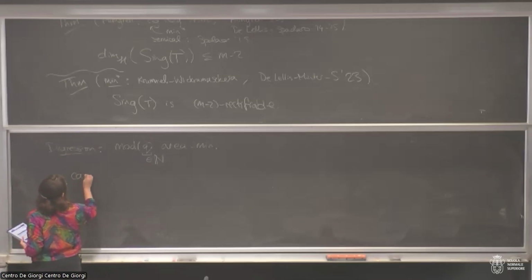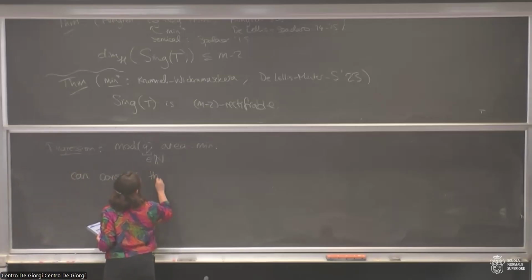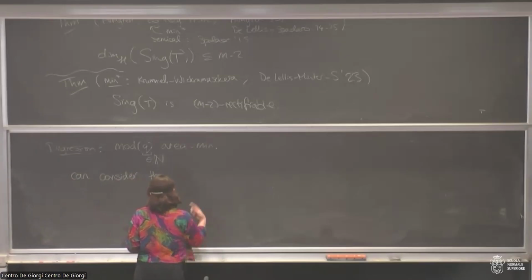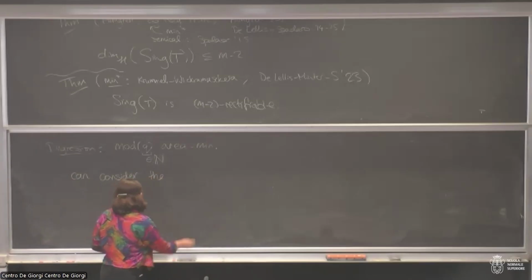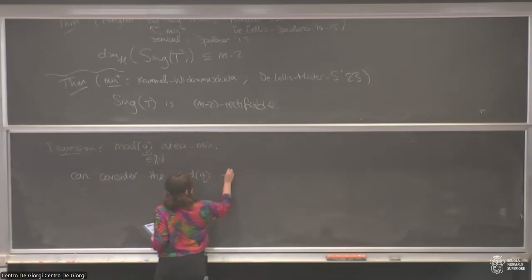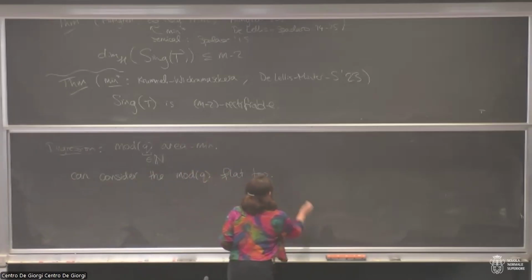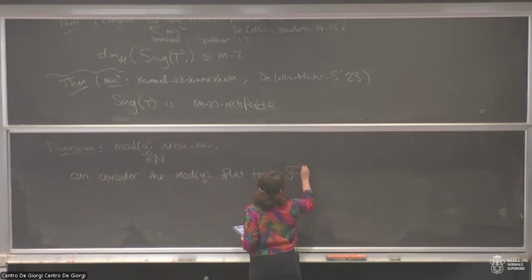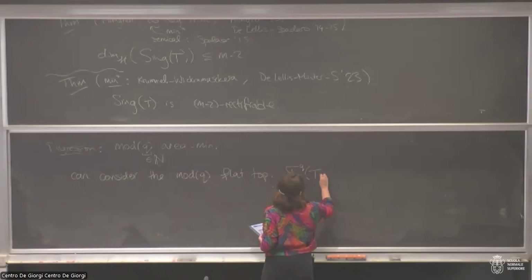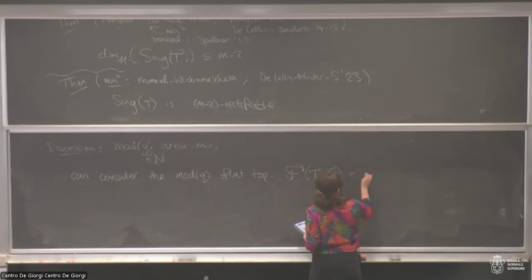And so, to make sense of these things, we do things in the mod Q flat topology. You look between two different flat chains; this is the infimum.